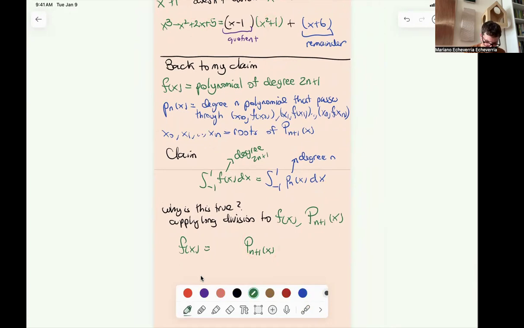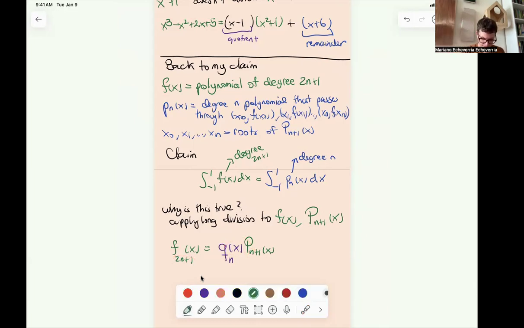That gives you a quotient. I'll call the quotient Q. It would have degree n because this is a degree 2n plus 1 polynomial. I'm going to put the degrees downstairs as subscripts. This polynomial has degree n plus 1. This one has to have degree n so that when you multiply them, you get 2n plus 1, matching the top degree of the polynomial.